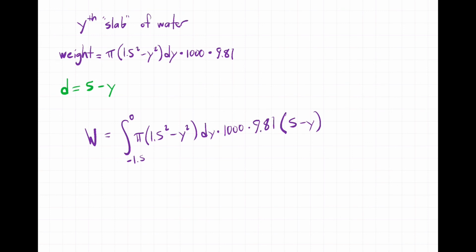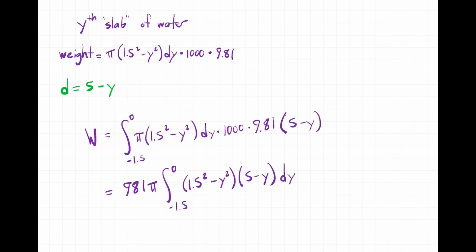And we'll just clean this up a little bit, pull our coefficients out in front. 1,000 times 9.81 is 981 times pi. And we have the integral from negative 1.5 to 0 of 1.5 squared minus y squared times 5 minus y times dy. Now again, this is just the integral of a polynomial. You know how to do this.